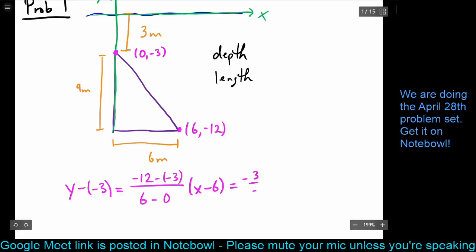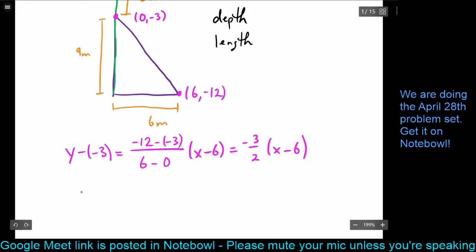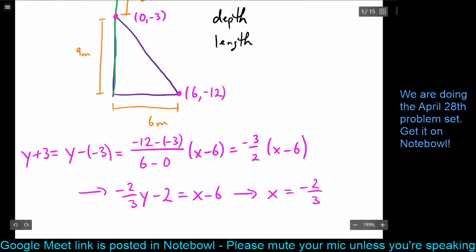So that's -3/2 (x minus 6). If we want to solve for x, on this side this is going to be y plus 3. So what we want to do is first multiply both sides by -2/3. So -2/3 y minus 2 is x minus 6, and so x will be equal to -2/3 y plus 4. Okay?